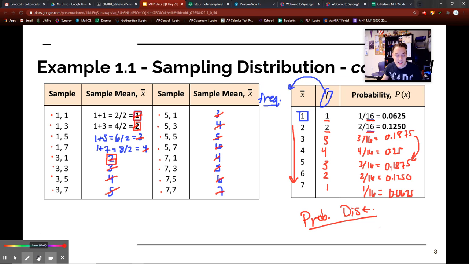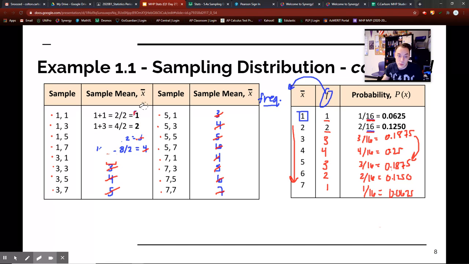Now, we still need to do a variety of different things. We still need to find what my actual mean is, not just of my population, but my sample. My actual sample, the sample means. So I have all these means here. In fact, I'm actually just going to erase all this, and I'm going to rewrite the numbers down so that we're not confused with all the crossing out and everything like that.